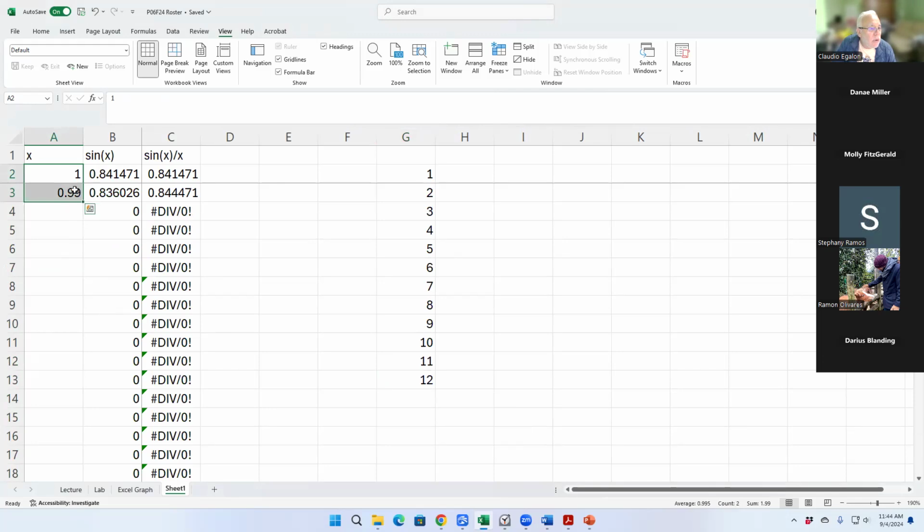See, there's a little square at the lower right edge. If I click and drag, it's going to display 0.98, 0.97, 0.96. Can you see that? Can you do that in your Excel too, Jeremiah?